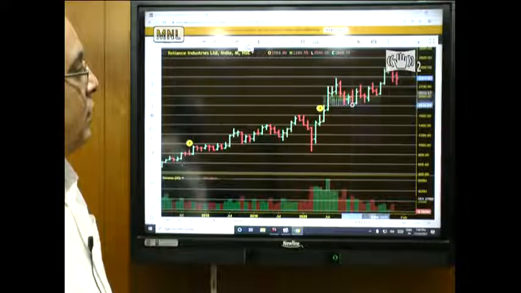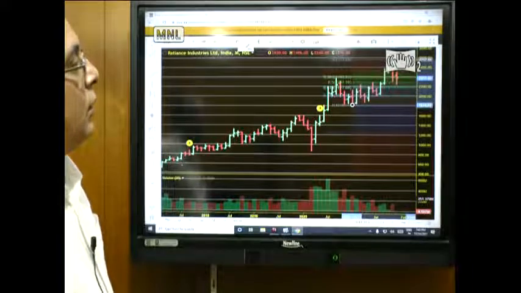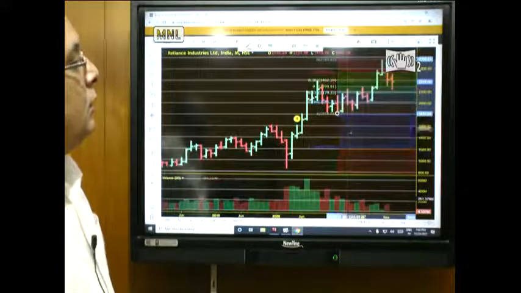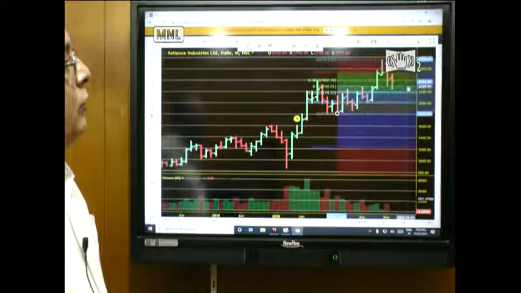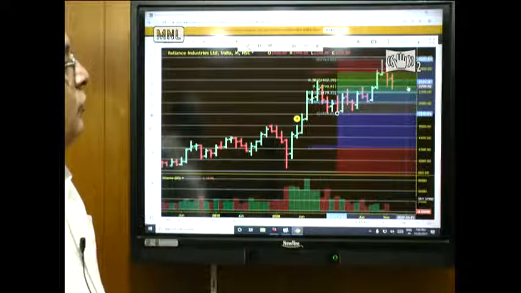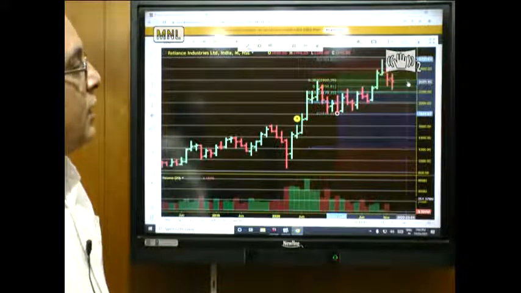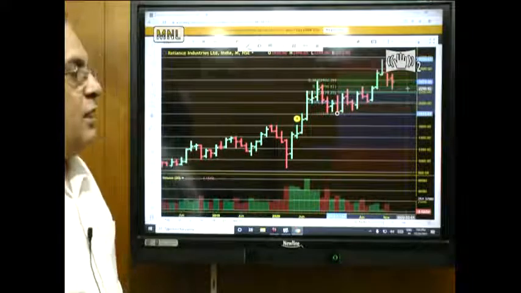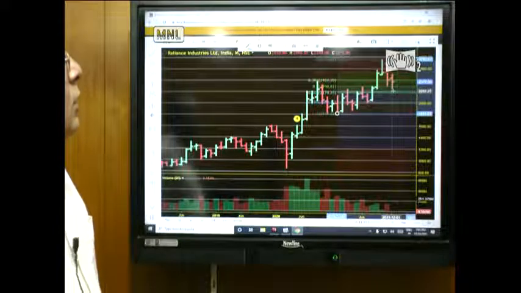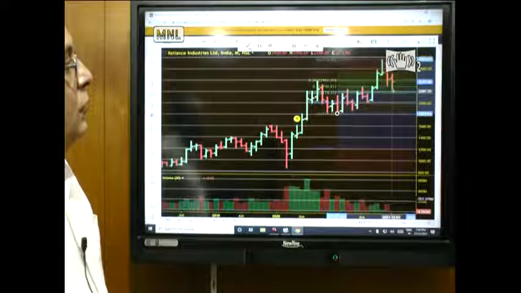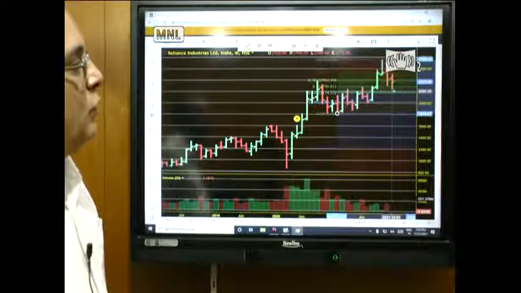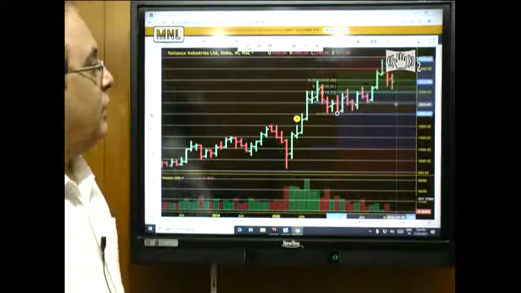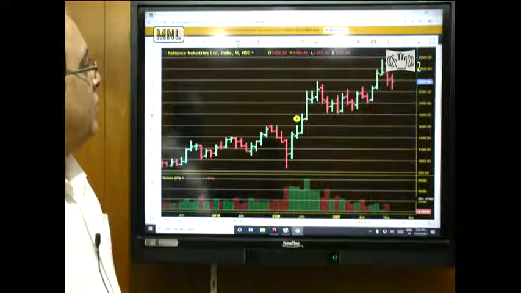Here also 2290 was cut, so the resistance can come closer to 2402. So we have a lot of resistance closer to 2380 to 2402. Right now it closed at 2372. So we have to see how it behaves closer to 2402. If it starts to move above 2402, I think we should expect Reliance to start its uptrend.